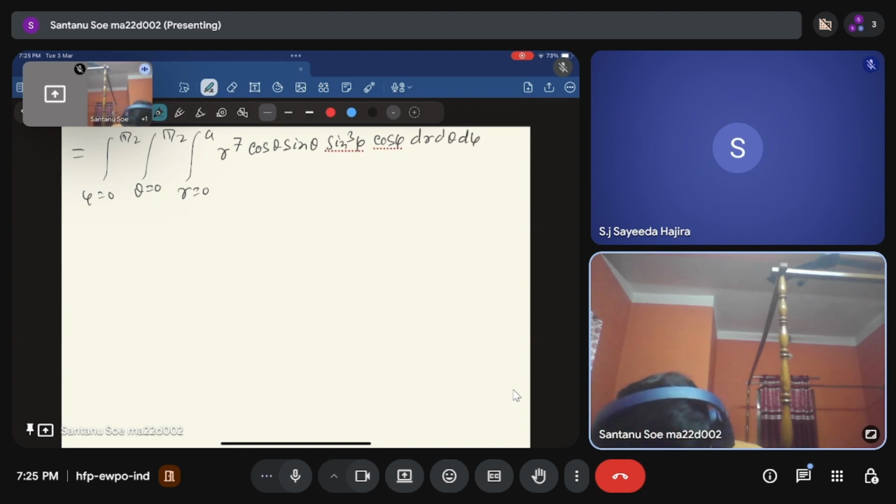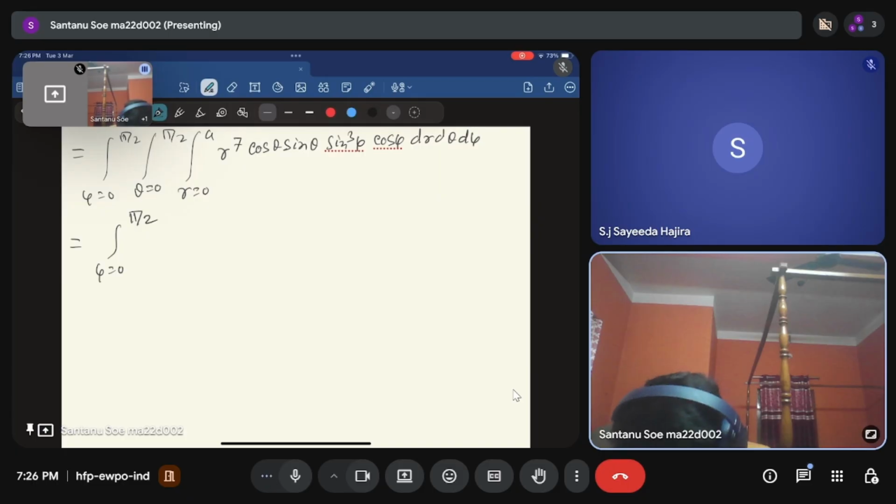Okay, so now since this is an integration of separable functions, you can just separate the function in terms of theta, phi, and r, and then you can do the integration separately. Okay, so this is gonna be from phi equals 0 to pi by 2.